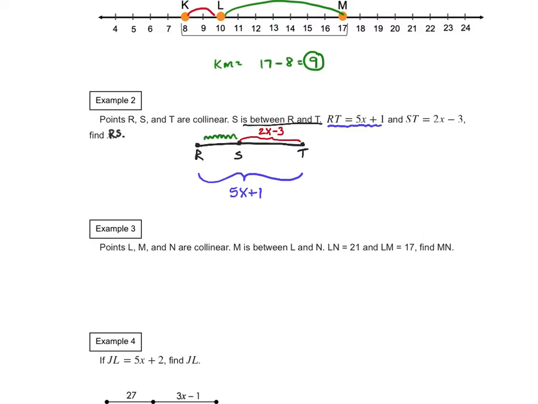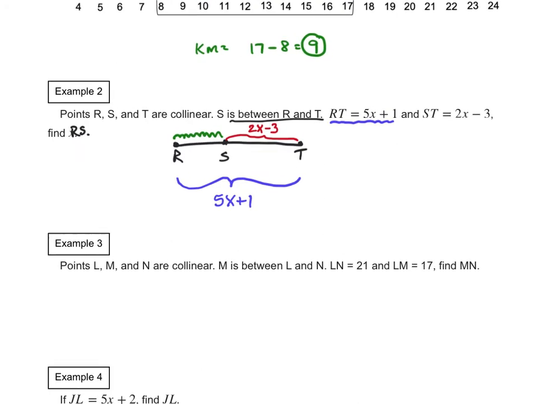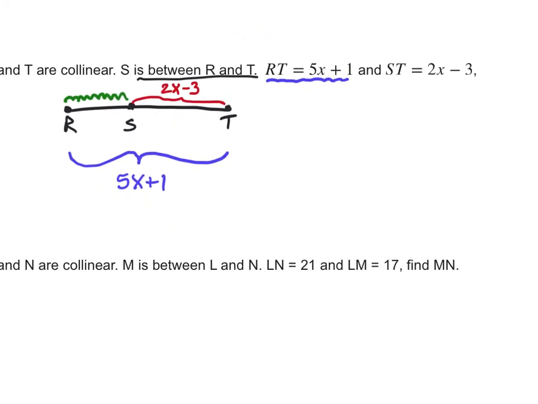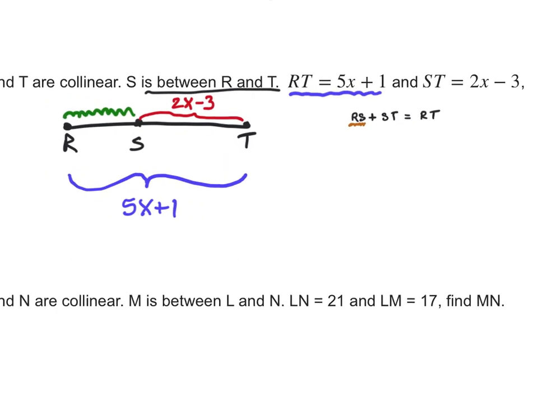What is this distance? Okay, so in that addition postulate, according to what we just talked about, segment addition, we know that RS plus ST is equal to RT. And now they want us to find this value right here, and we can just do some substitution.